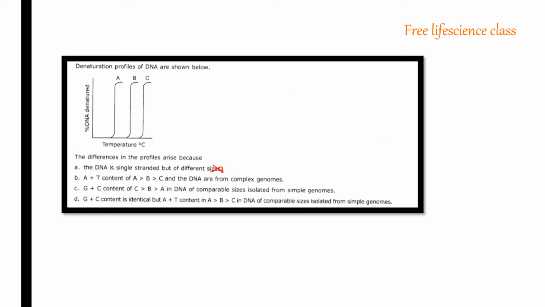The next one is A plus T content of A is greater than B is greater than C, and the DNA are from complex genome. If AT content is greater in A, this part is okay, but AT is not a factor for higher melting temperature.